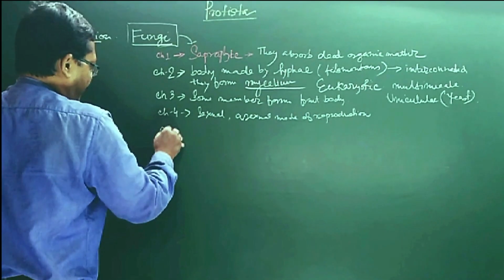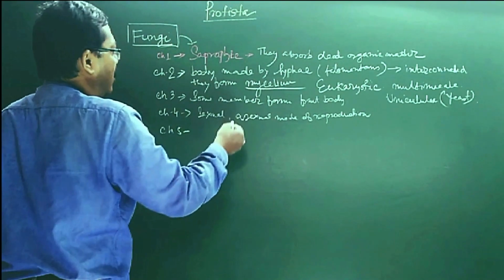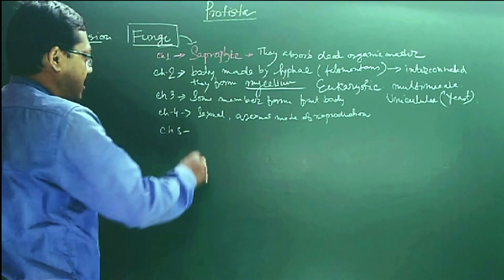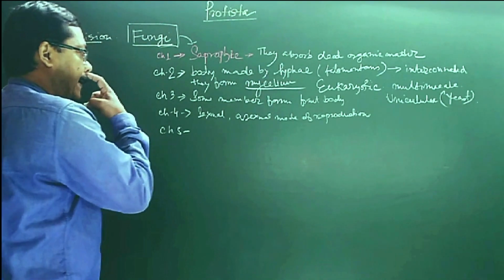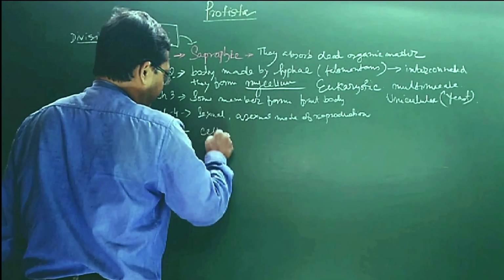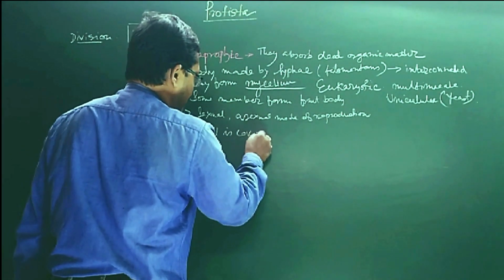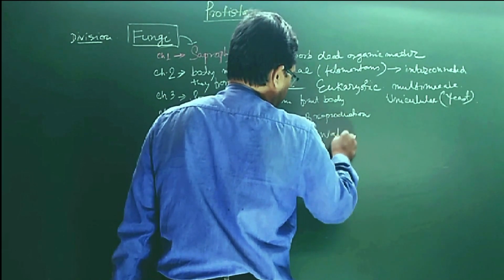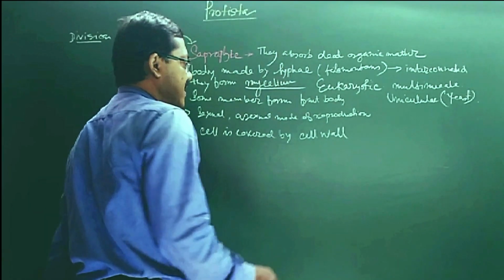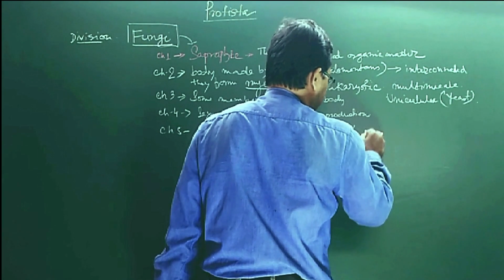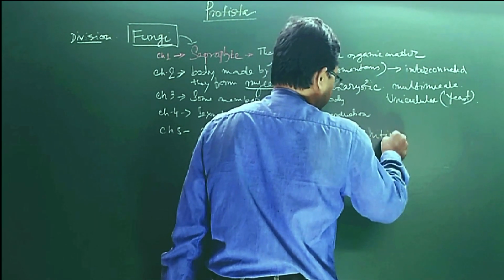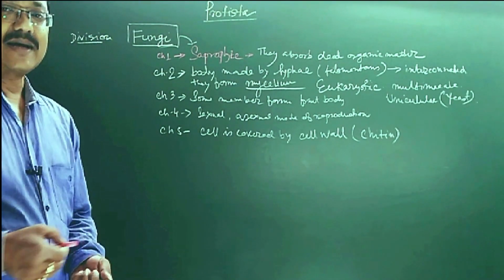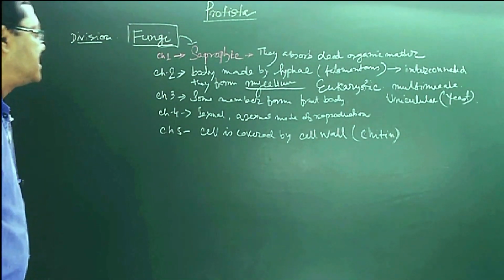All of their body is made by multicellular organization, which is branched and filamentous, and the cell is covered by a cell wall, and this cell wall is made of chitin. These are more or less the important characteristics of fungi.